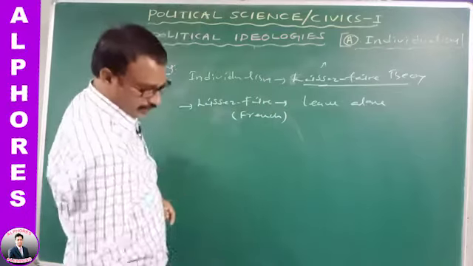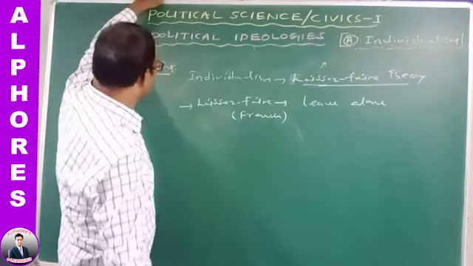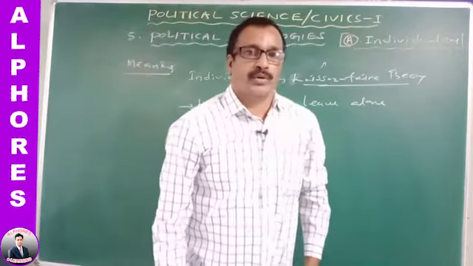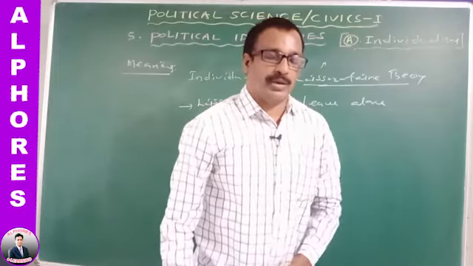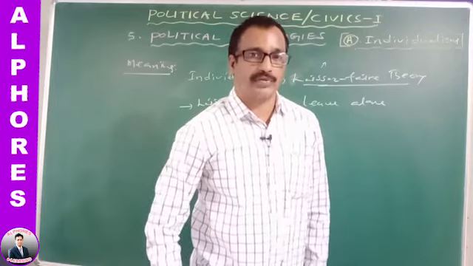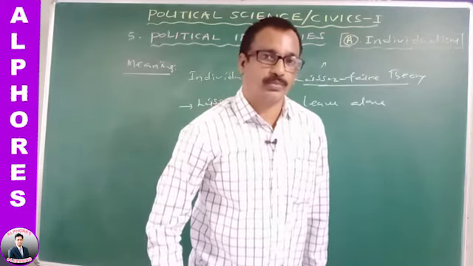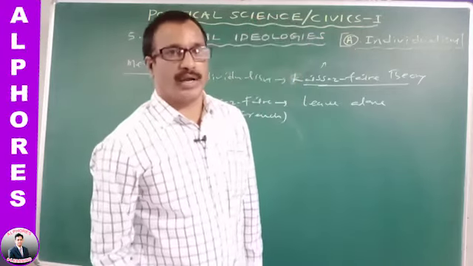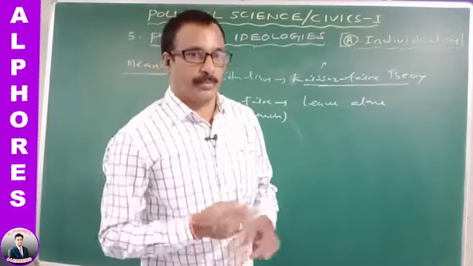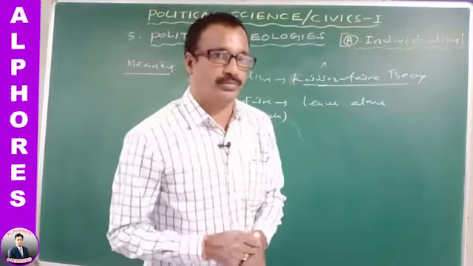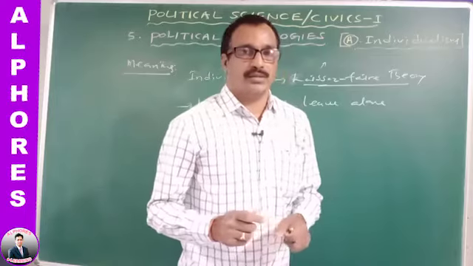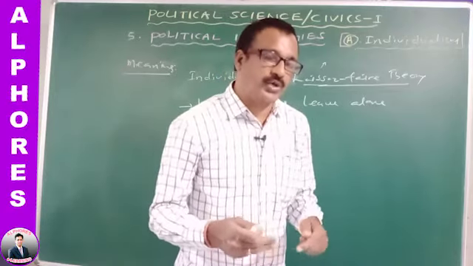Then, according to individualism, maximum liberty will be given to the individuals, or maximum freedom will be given to whom? Individuals. And state interference should be reduced to a minimum.